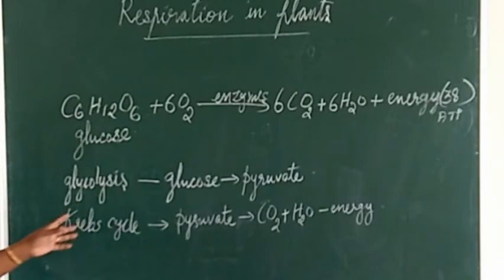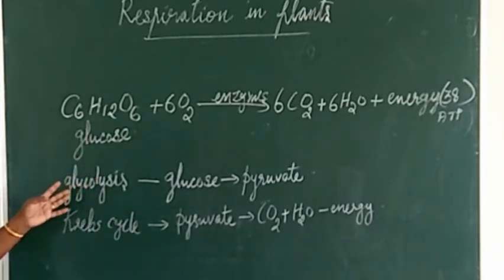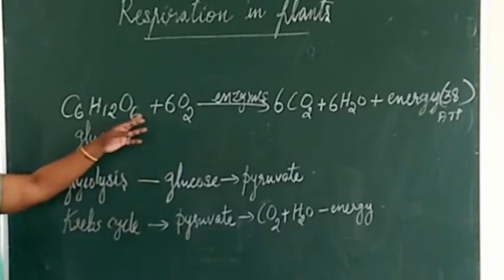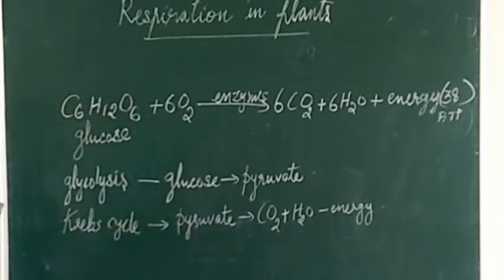So this is the entire process of respiration that takes place in plants. This is aerobic respiration, because oxygen is needed. Only in the presence of oxygen does this take place.